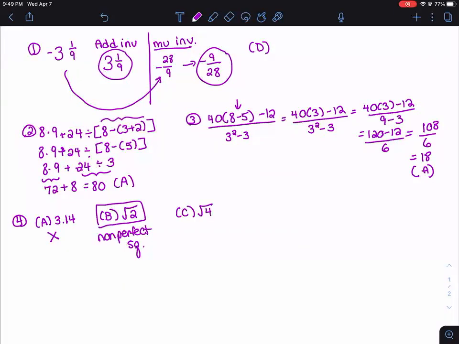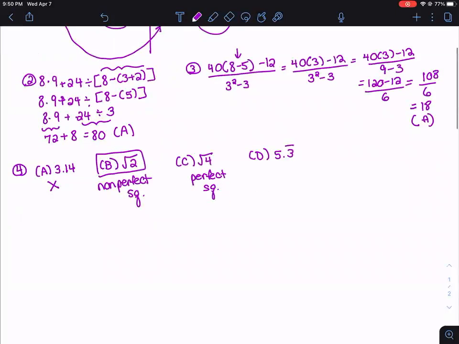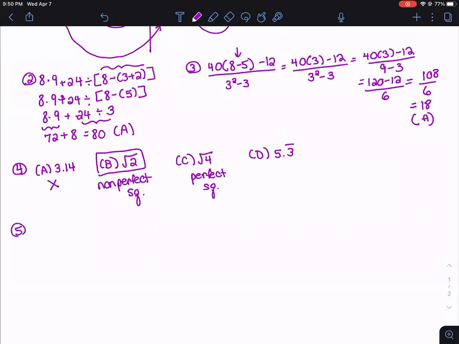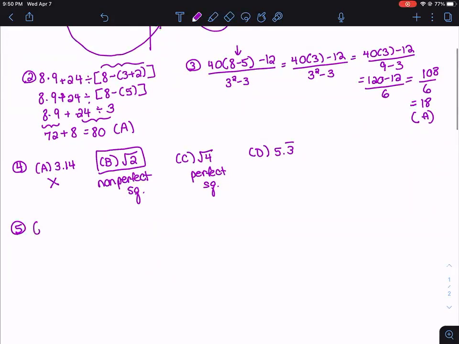Choice C was radical 4. This is a perfect square, so it is rational. And choice D is a repeating decimal, so it is rational. Guys, 3.14 is not irrational. Pi is irrational.